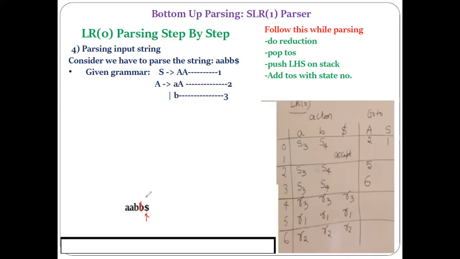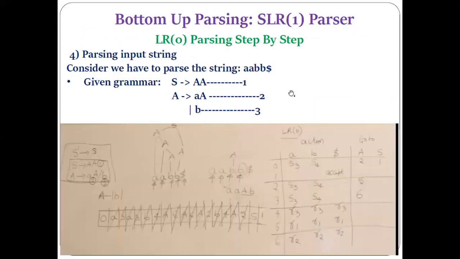There is no consideration regarding the look ahead symbol. That is the reason it is called an LR0 parser. In this way, you can solve the example related to LR0 parsing.